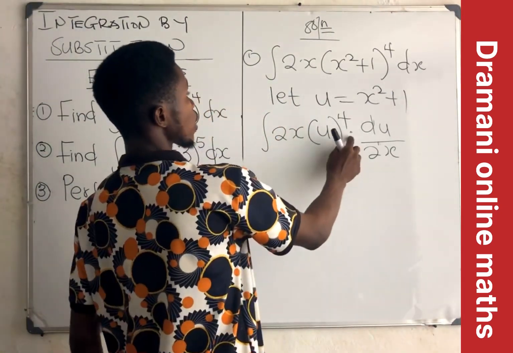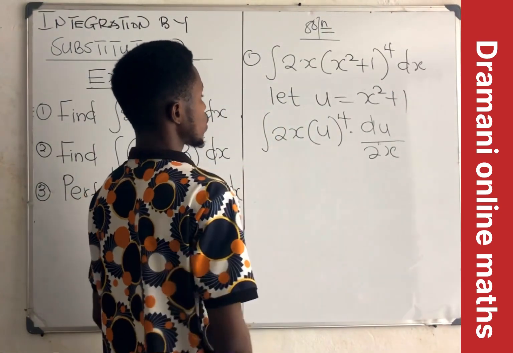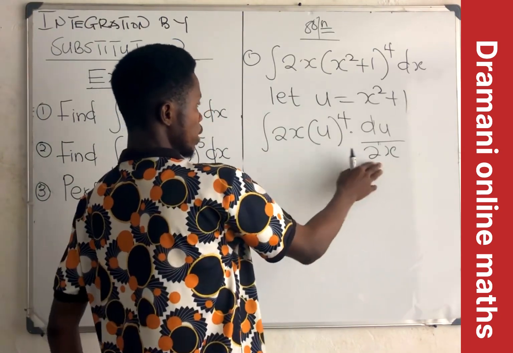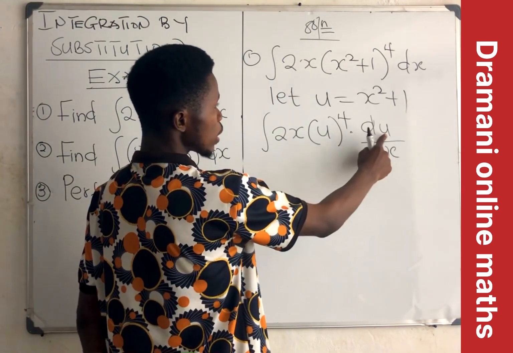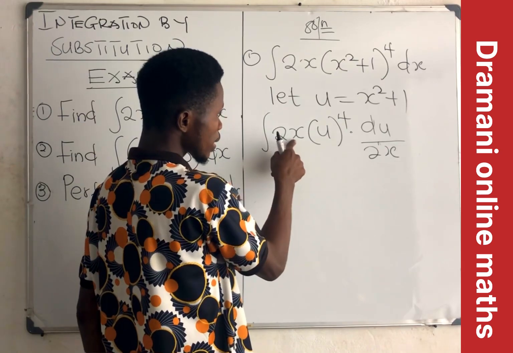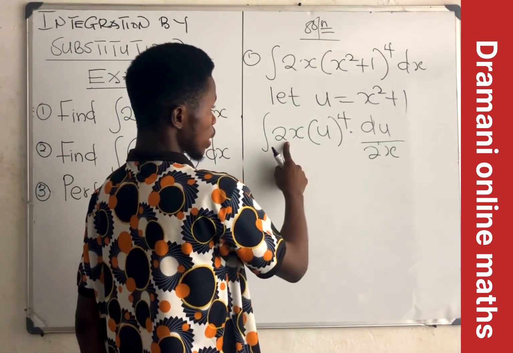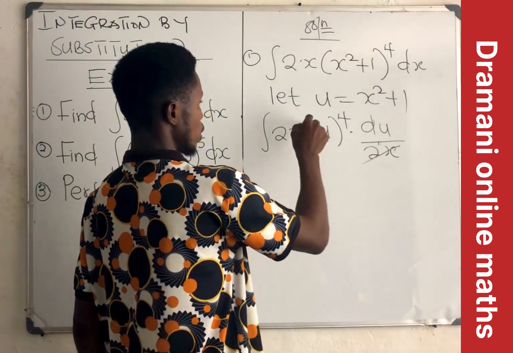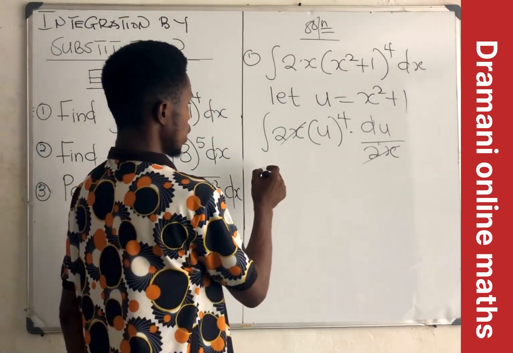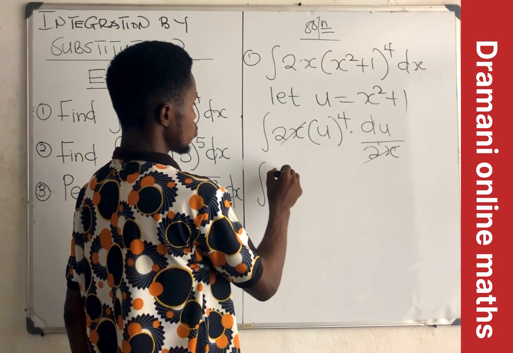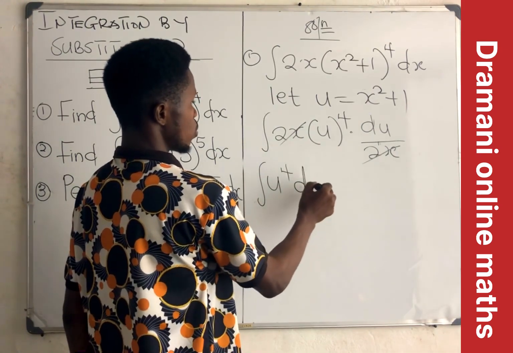In math, when you see dots like this, it is multiplication. You can see that this 2x and this 2x are the same, so they cancel, leaving the integral of u to the power 4 du.